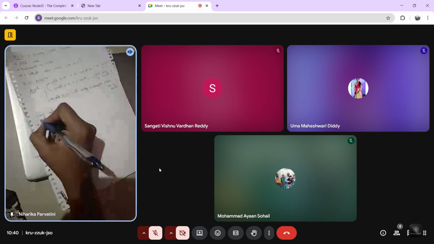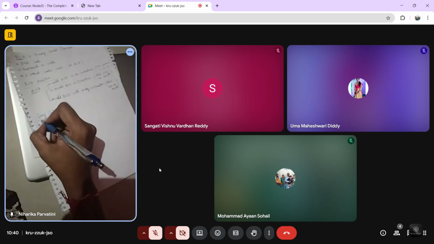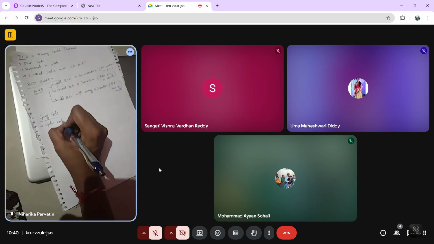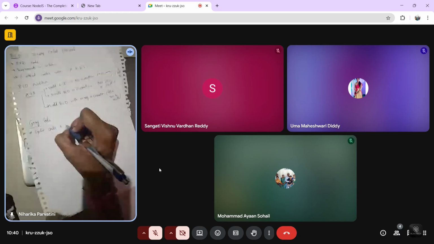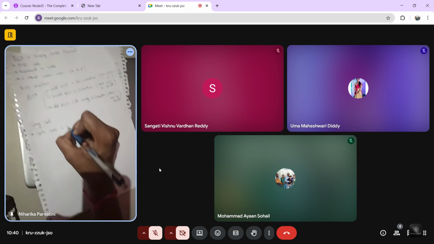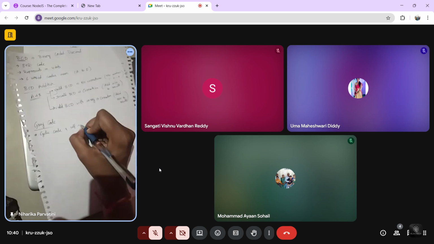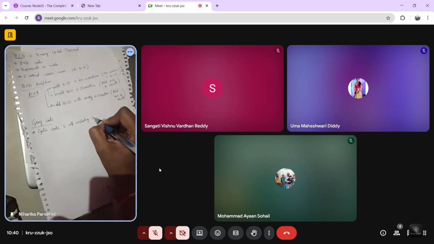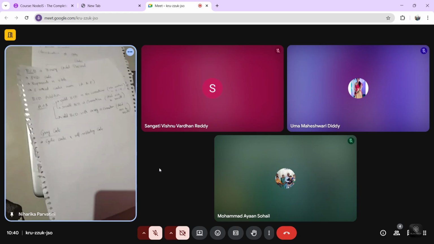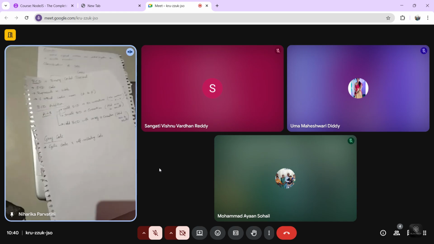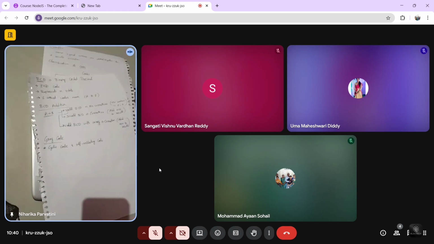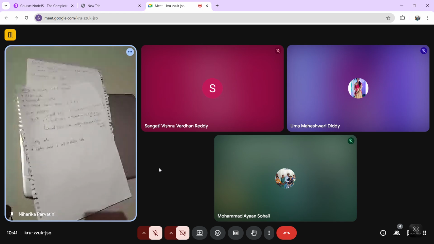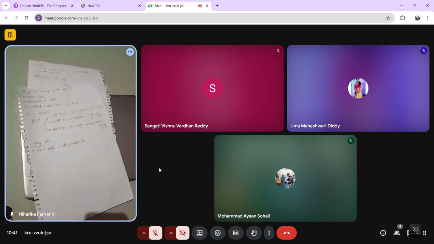Gray code is also nothing but a cyclic code and self-reflecting code. Okay. This gray code is only used in analog to digital conversions, mainly to reduce errors in the correction.